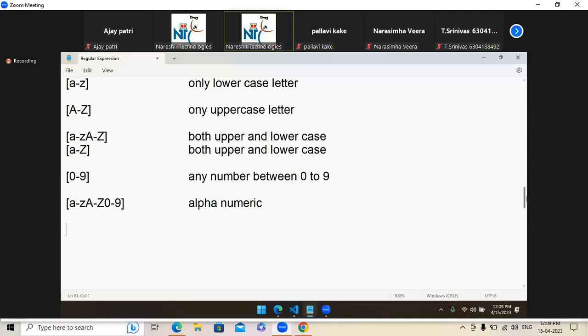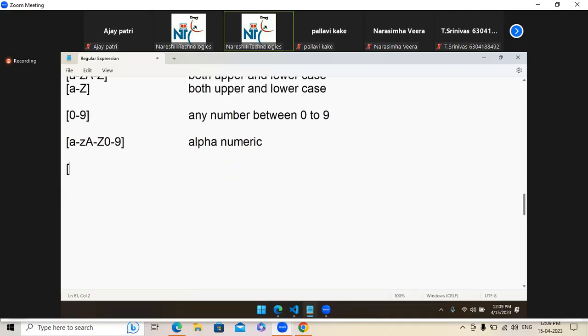Actually, when you are writing, you can write like this also. What does this mean? Specified special characters. That means all these special characters are allowed. You have another technique, right?